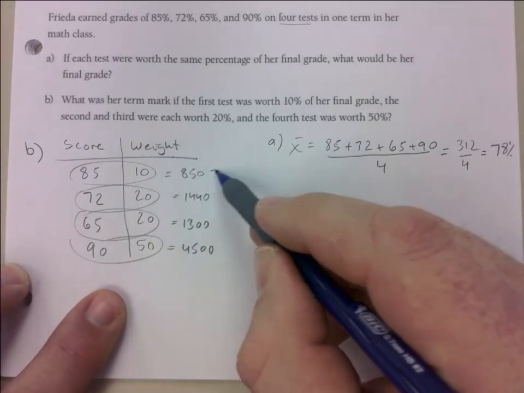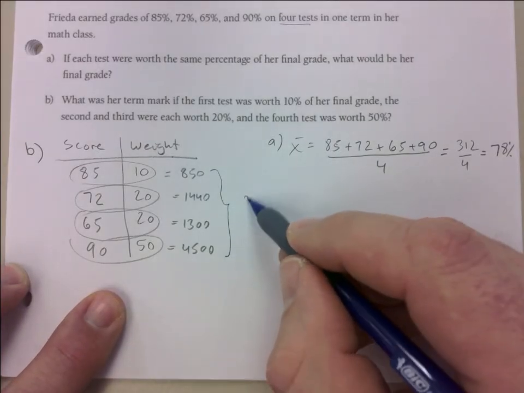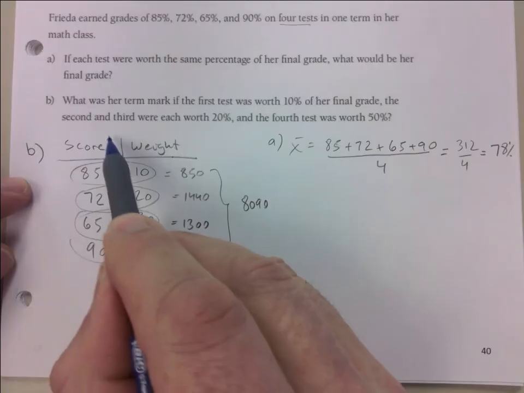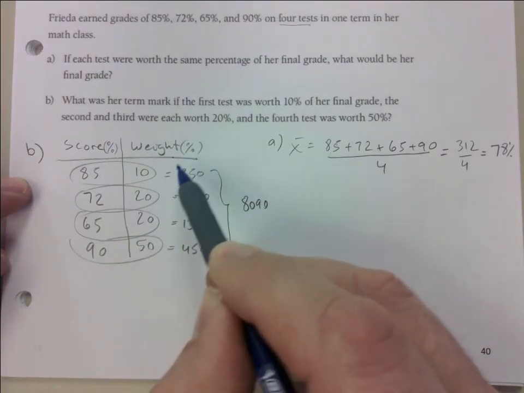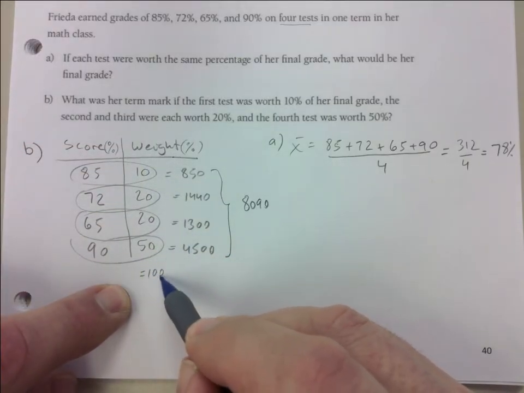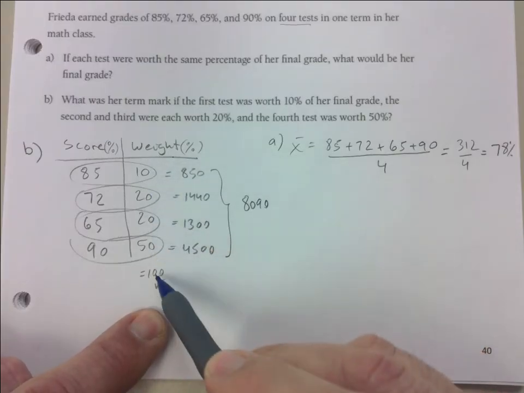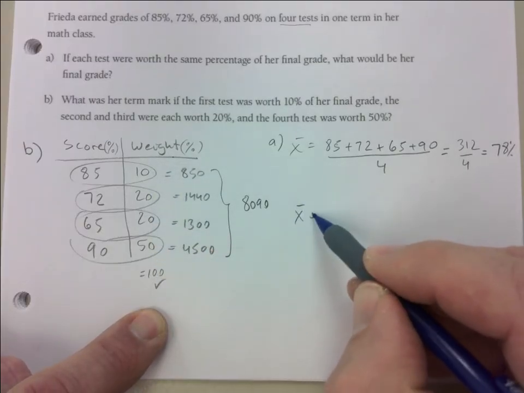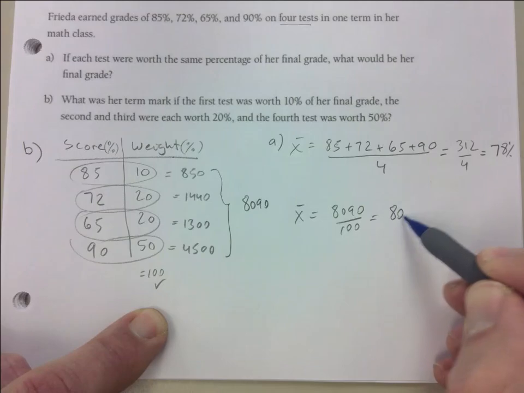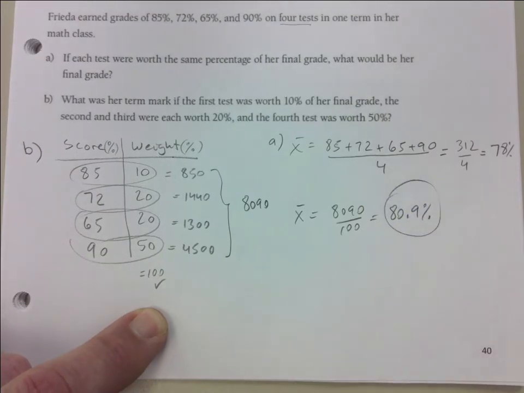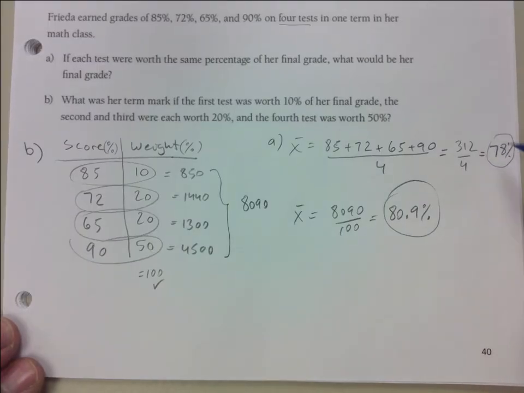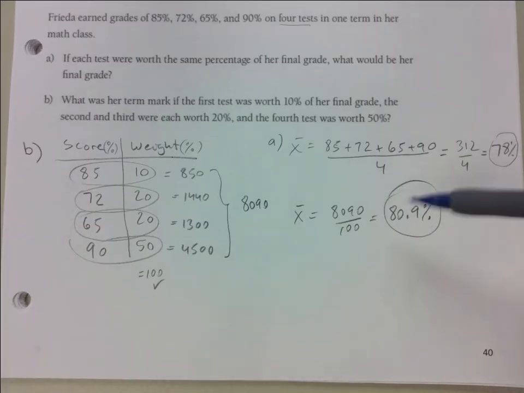Like that. You add that all up, you get 8090. And by the way, both of these were percentages. You got to check both of them. This one adds up to 100, right? The weight category. So to find your average is 8,090 divided by 100. That's 80.9% is your average score, right? So no weights, weighted mean, right?